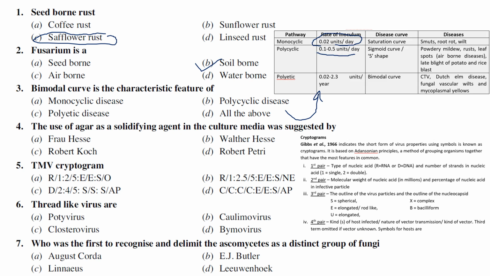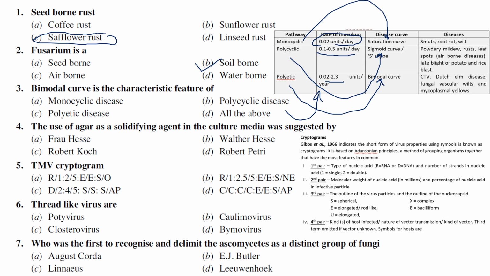When it comes to polyetic diseases, the rate of inoculum is 0.02 to 2.3 units per year, not day. So monocyclic disease produces a saturation curve. Polycyclic diseases produce a sigmoid curve or S-shaped curve. Polyetic diseases produce a bimodal curve.